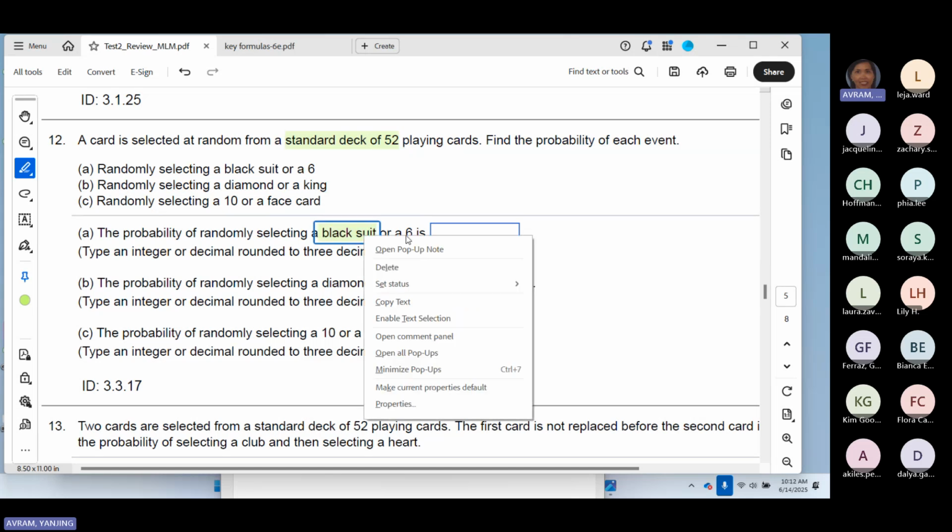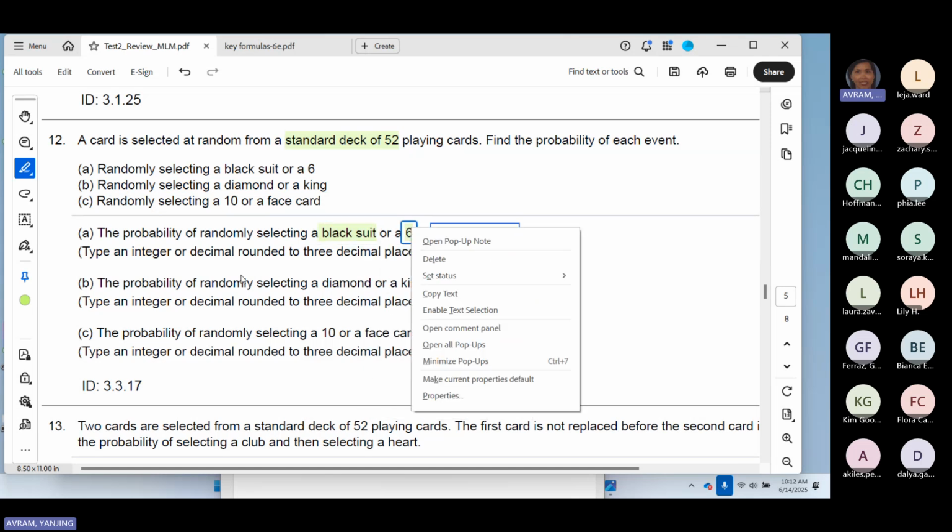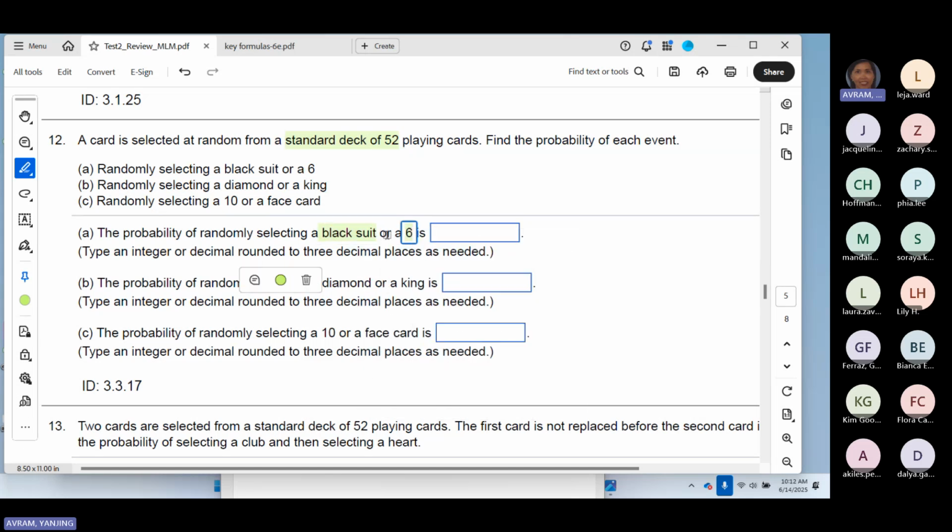That means you need to add black cards and 6s together. But since some of the black cards are also 6s, you need to subtract the common part once, so you don't count the common part twice.